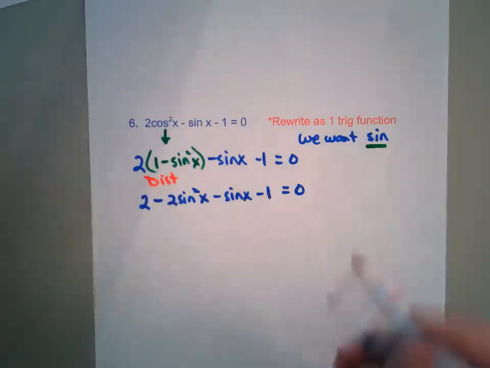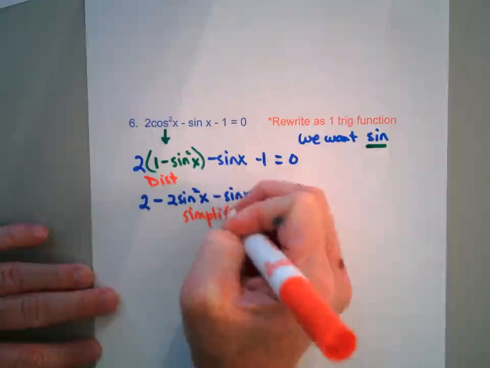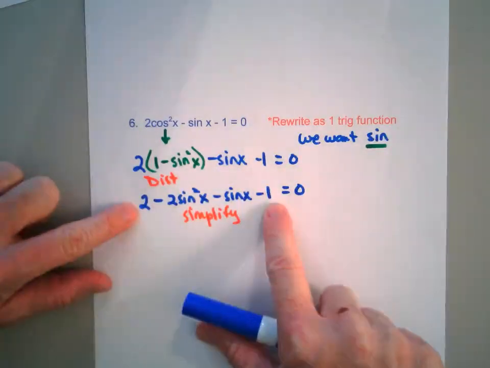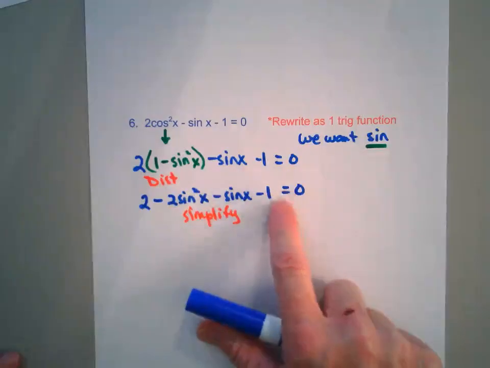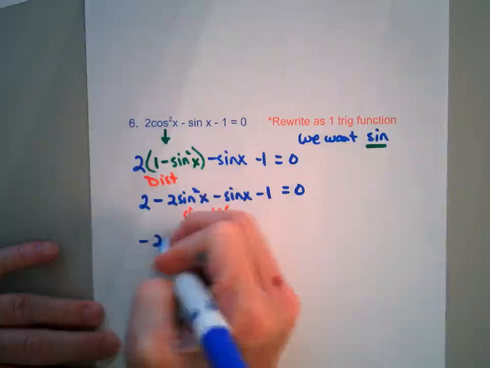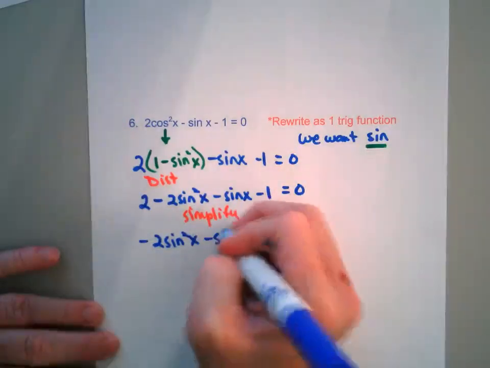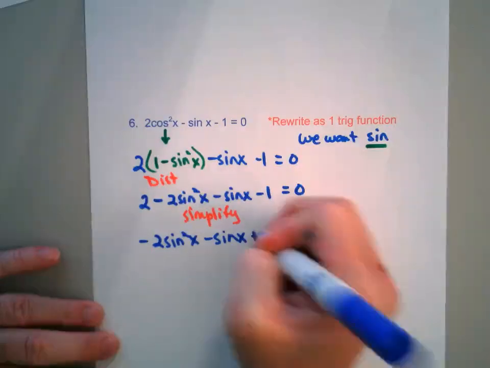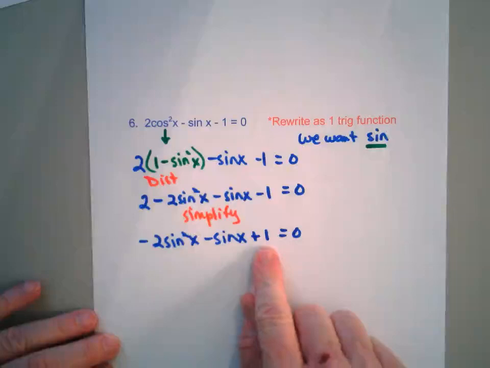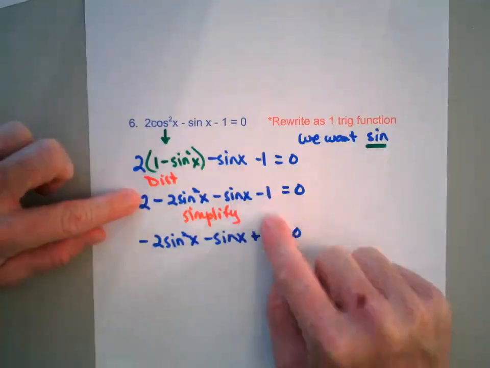And we're going to simplify and combine a little bit. So the 2 minus 1 is 1, and it's going to end up in the back so that we have it in standard form. So negative 2 sine squared x minus sine x plus 1 equals 0. And again, the positive 1 comes from 2 minus 1.